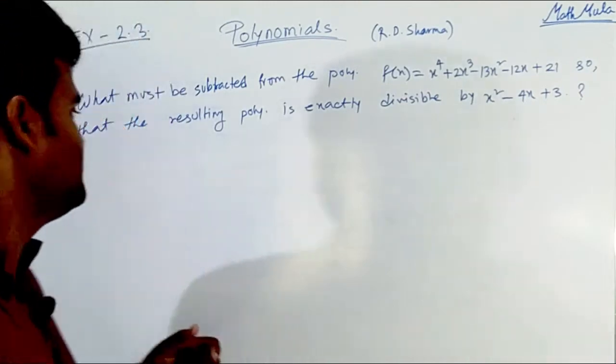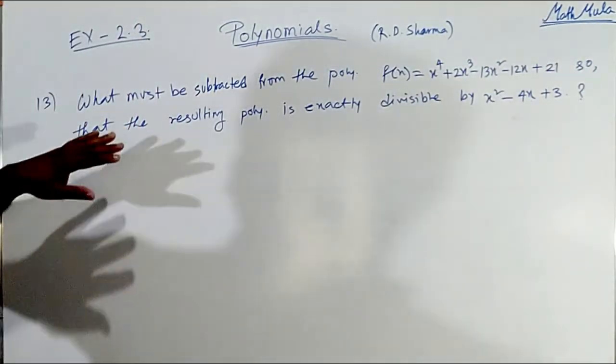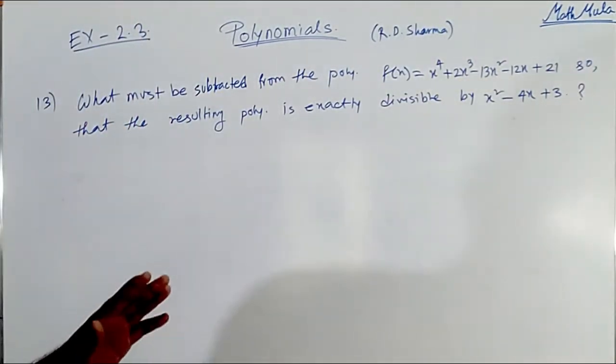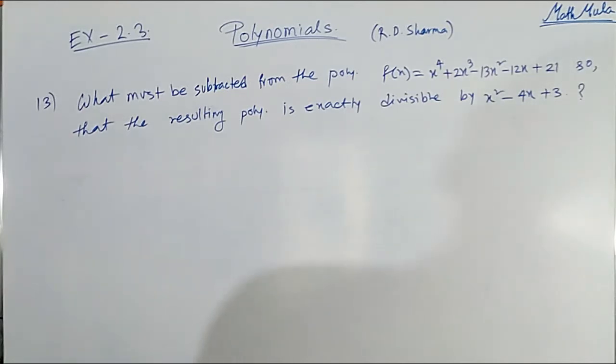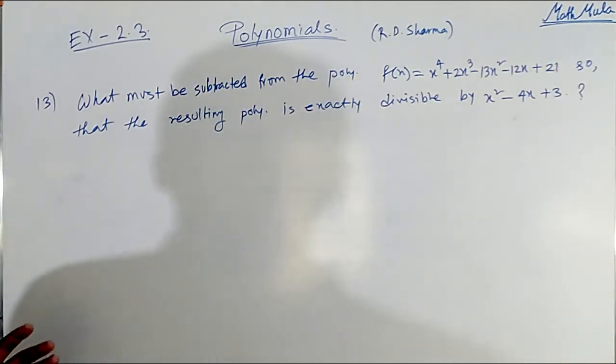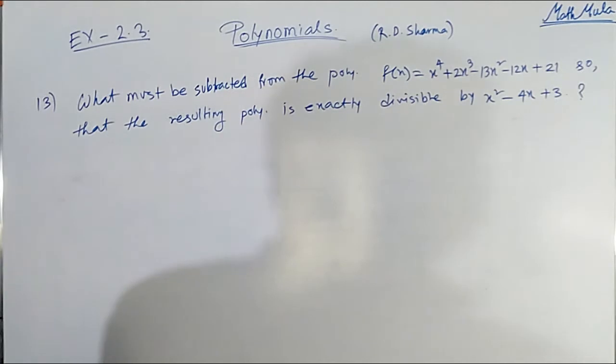Now we solve sum number 13. What must be subtracted from the polynomial f of x equal to x to the power 4 plus 2x cube minus 13x square minus 12x plus 21, so that the resulting polynomial is exactly divisible by x square minus 4x plus 3?